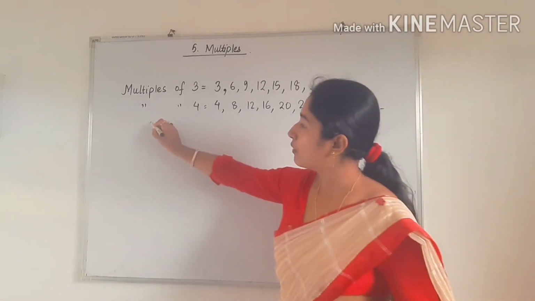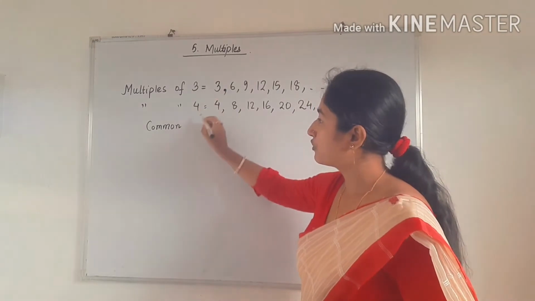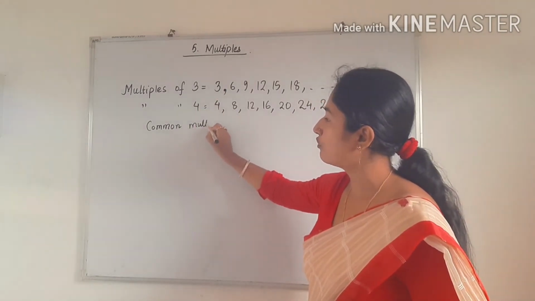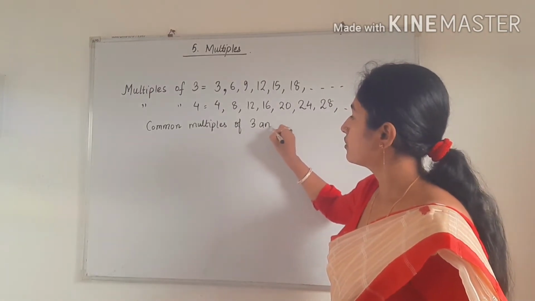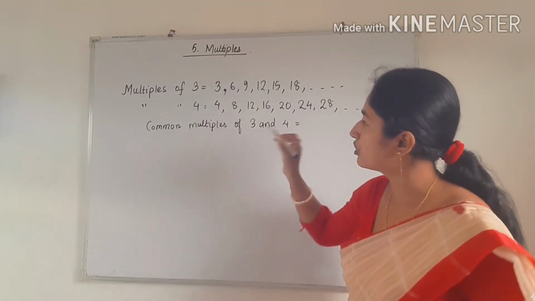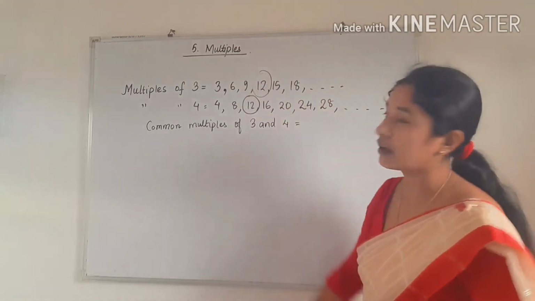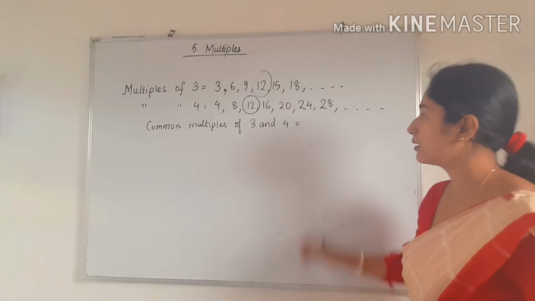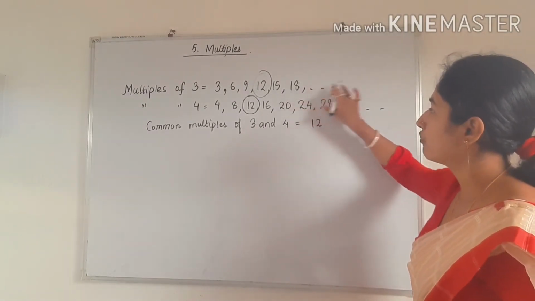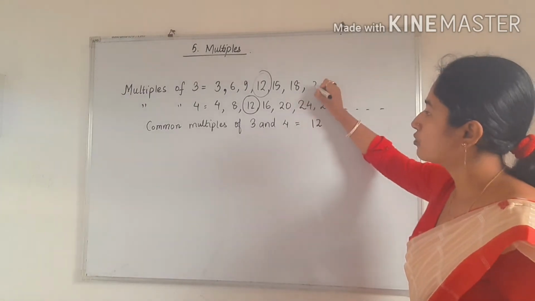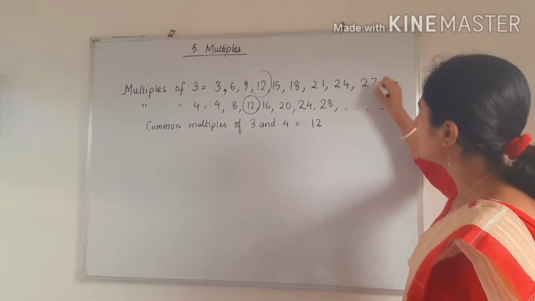Now what are common multiples? Common means what is similar in both the multiples of 3 and 4. You can see the first common multiple of 3 and 4 is 12, so we circle 12. Going on after 18, we get 21, 24, 27, and so on.